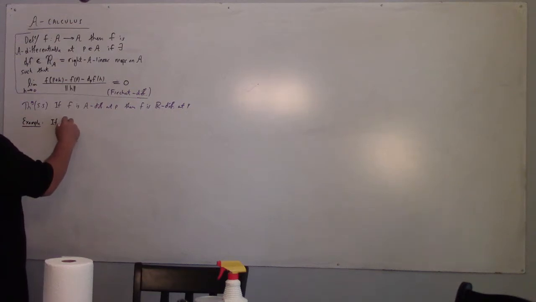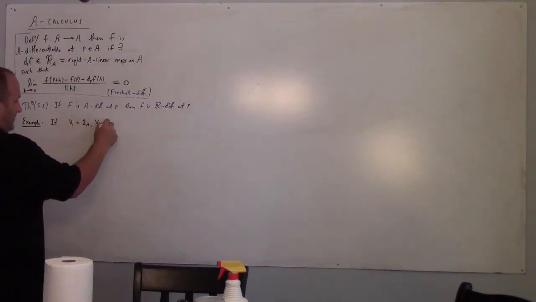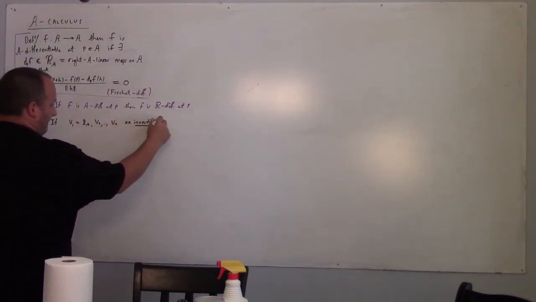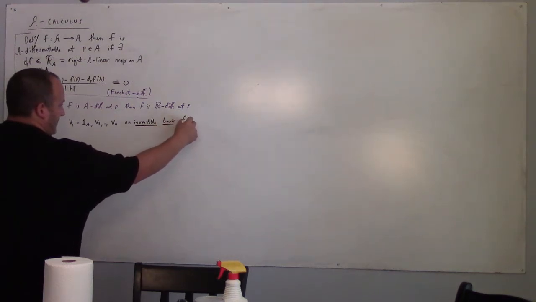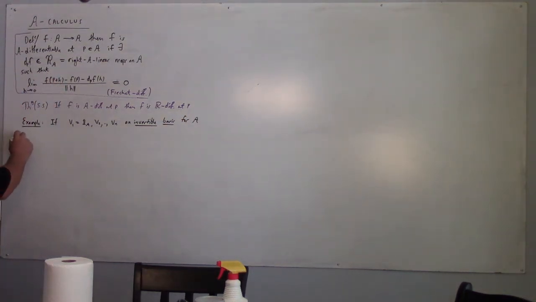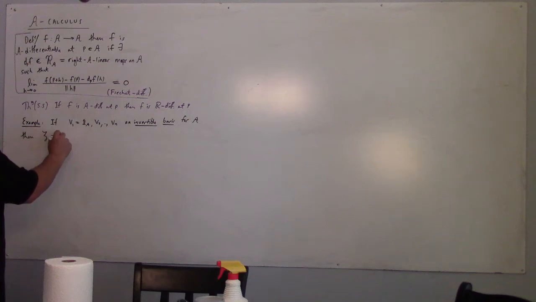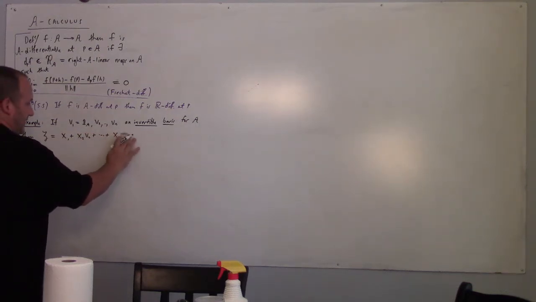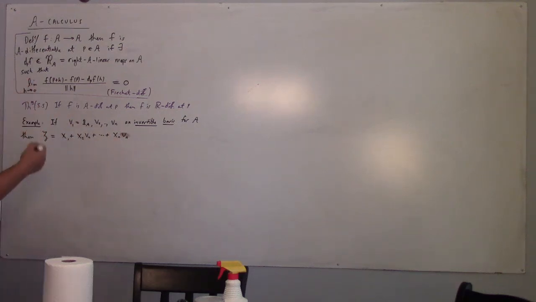If we have v1 is the identity, and then you have v2 through vn, an invertible basis for A, then if we have zeta equal to x1 plus x2 v2 plus and so on plus xn vn, the algebra variable, essentially the algebra variable is zeta.